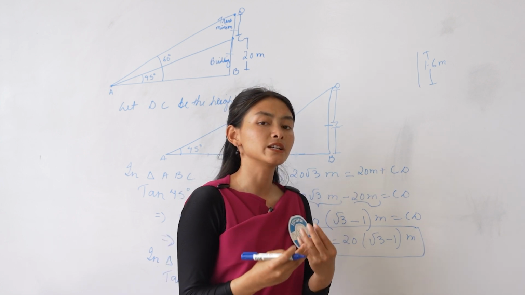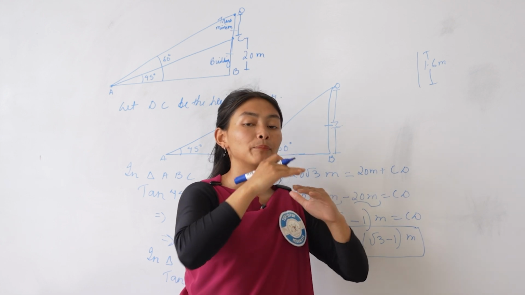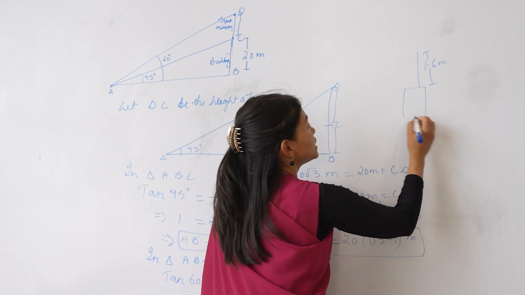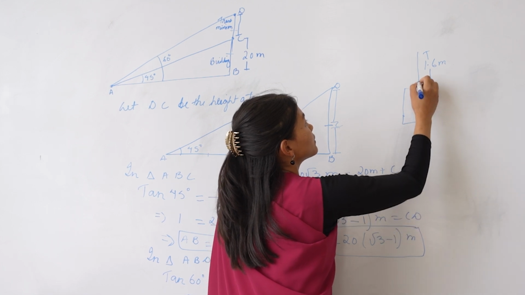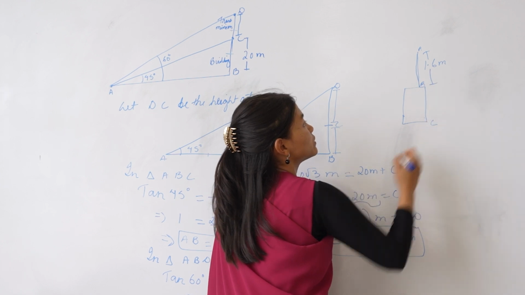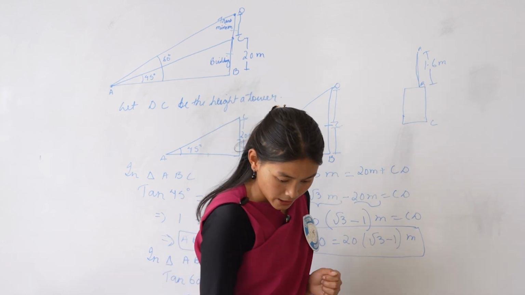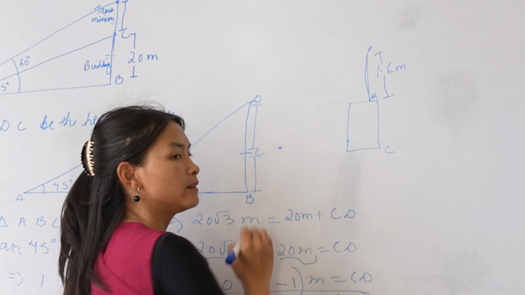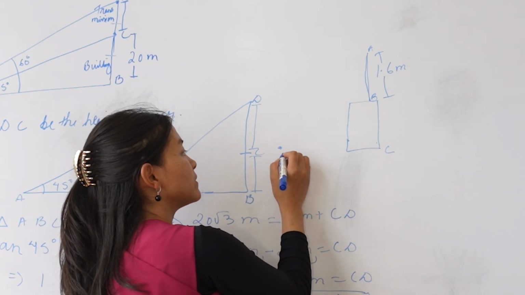The pedestal is the support that holds the statue. So let's say this is the pedestal. Okay, so this is the statue. Let's say AB is the statue, BC is the pedestal. From a point on the ground, the angle of elevation of the top of the statue is 60. Again, from a point on the ground, let's name this as point D.